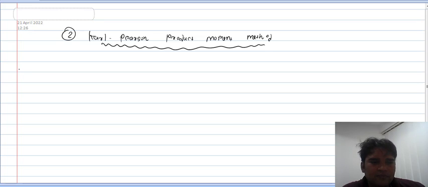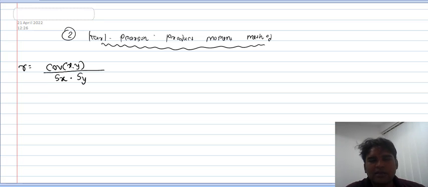Now first formula, R is equal to COVXY upon SX into SY. COVXY means covariance between X and Y. SX means standard deviation of X and SY means standard deviation of Y. Right?